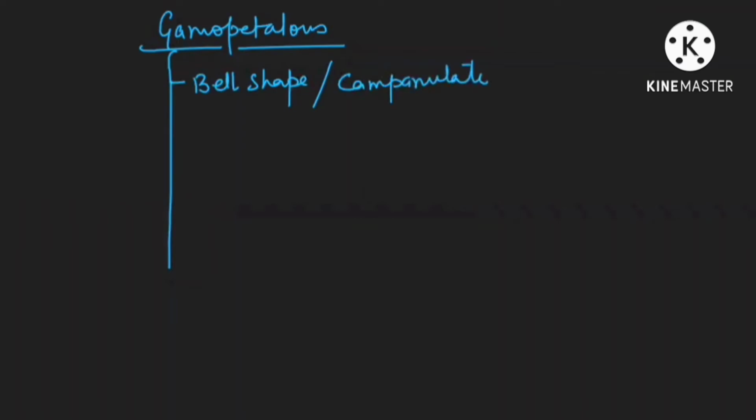Example is your tobacco. It can be tubular also. An example of tubular is the disc floret of sunflower. If you see the sunflower, the black center is the disc floret.